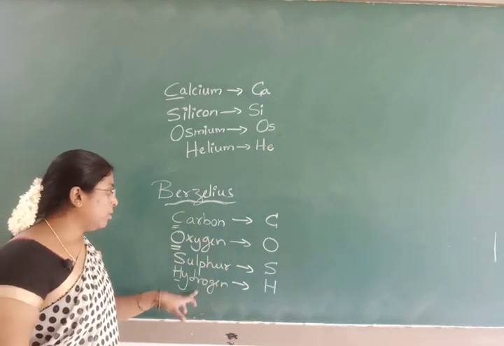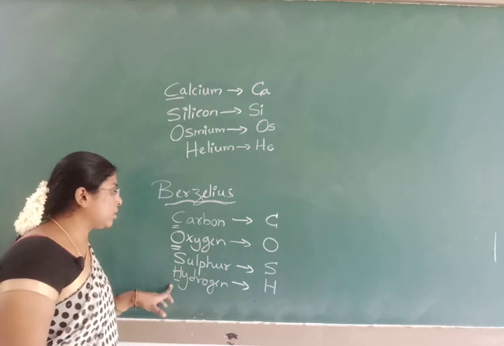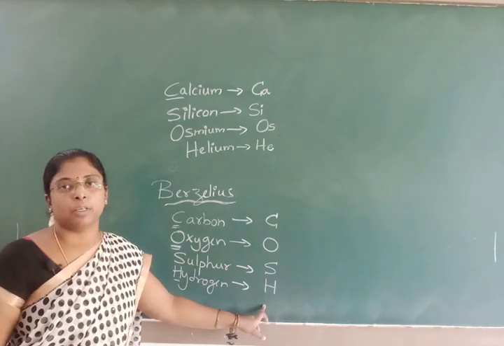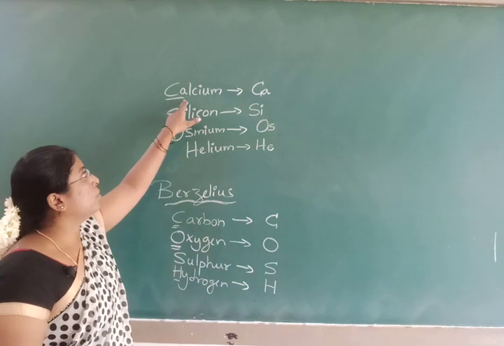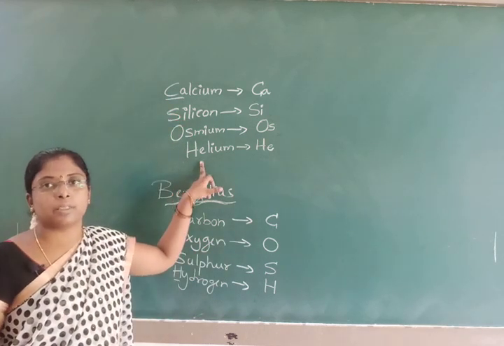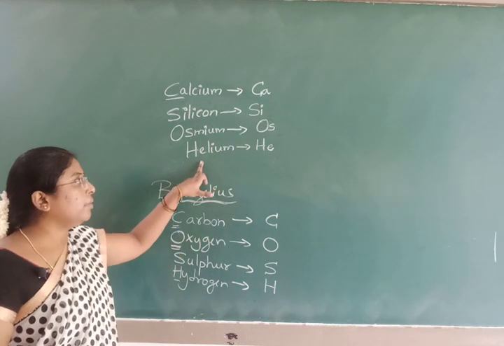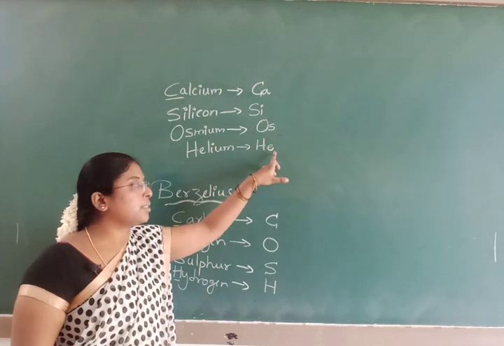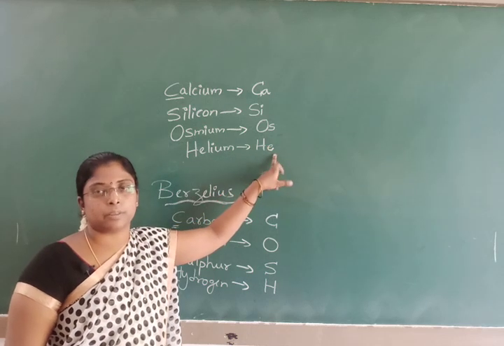We cannot write just H because COSH have been given for carbon, oxygen, sulfur, and hydrogen. Hence, the first two letters were considered as the symbol, the first in capital and the second in small.